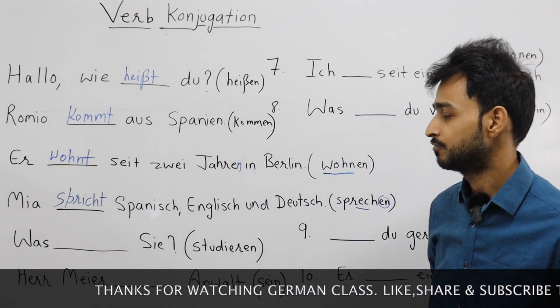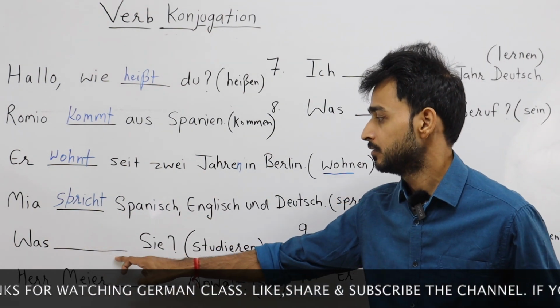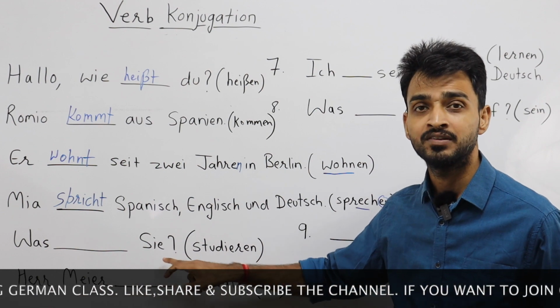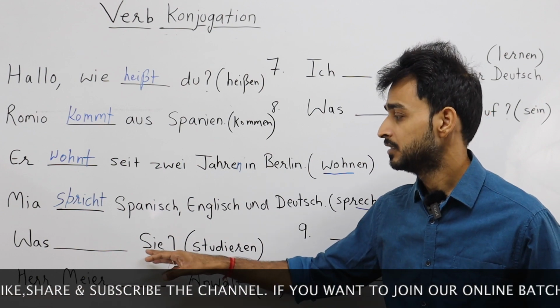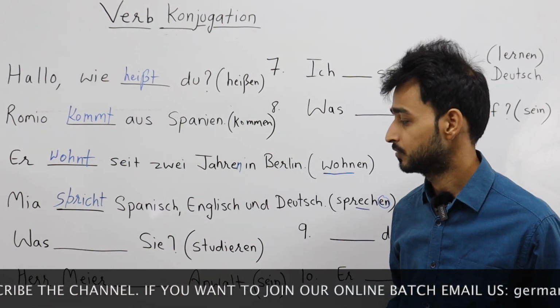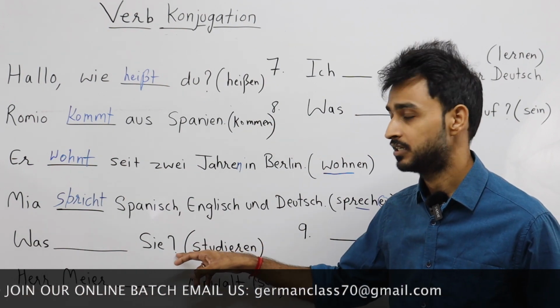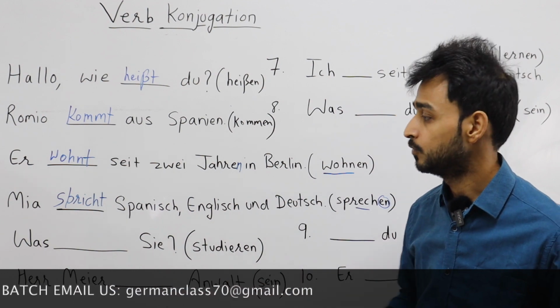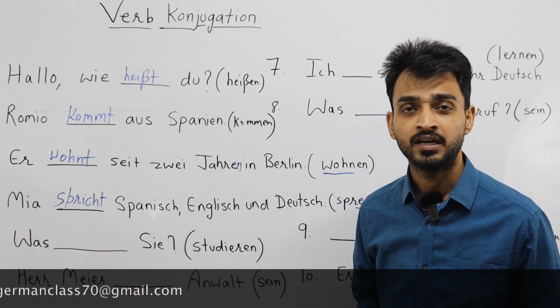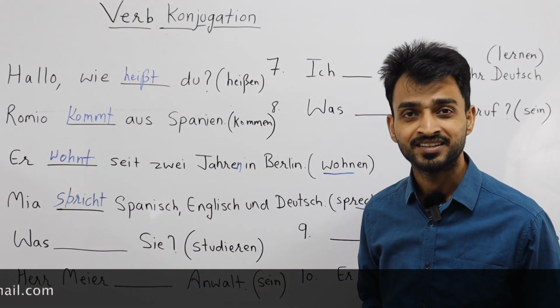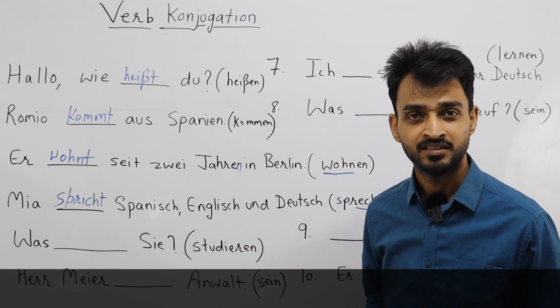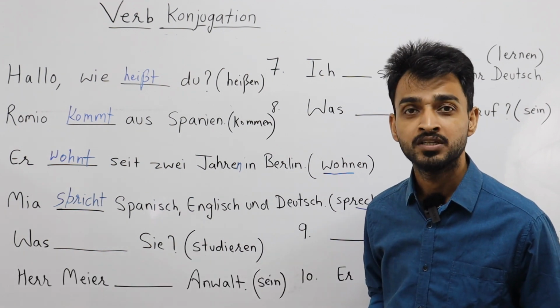Next sentence, number 5. Was blank Sie. It's formal Sie, S capital. In between, S is capital, it is formal. So the verb is studieren, to study. So it's a question, interrogative question, W-Frage. So we write, what are you studying? What do you study? In German we say was studieren Sie.